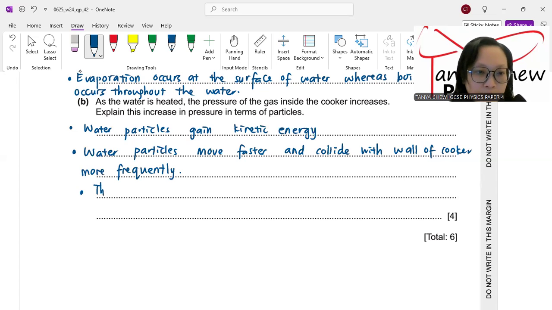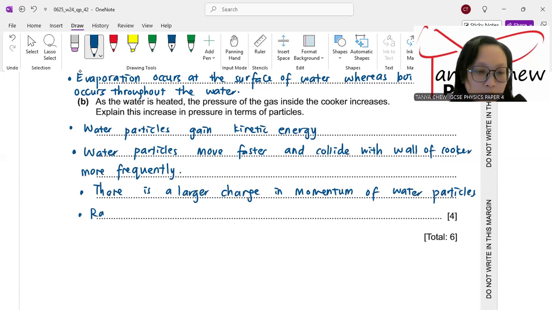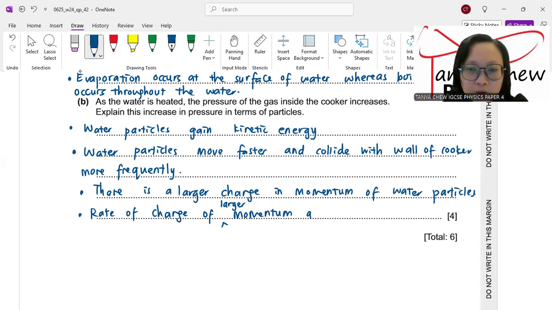Okay, there is a larger change in momentum of water particles. Rate of change of momentum, or rate of change of larger momentum, gives rise to larger force.